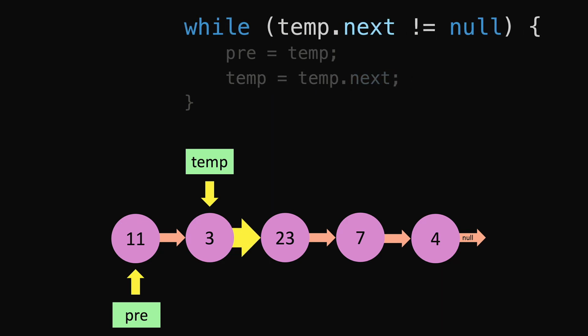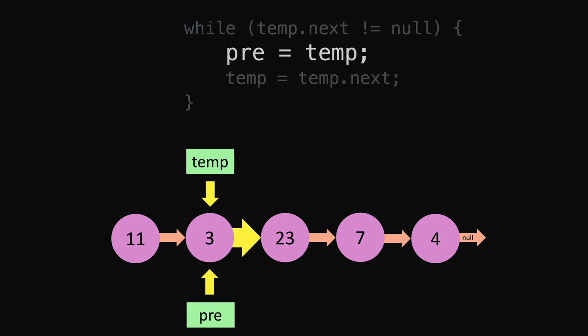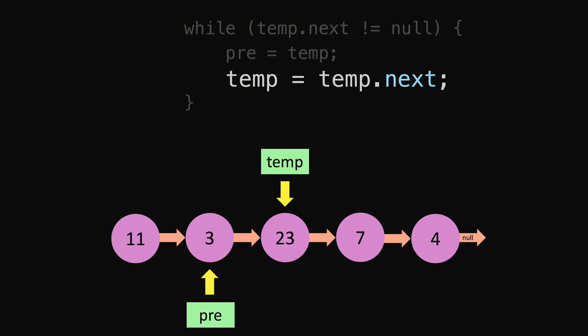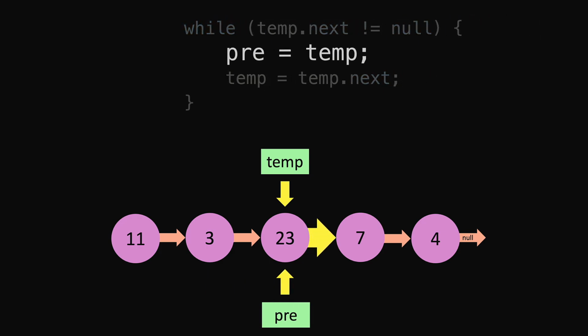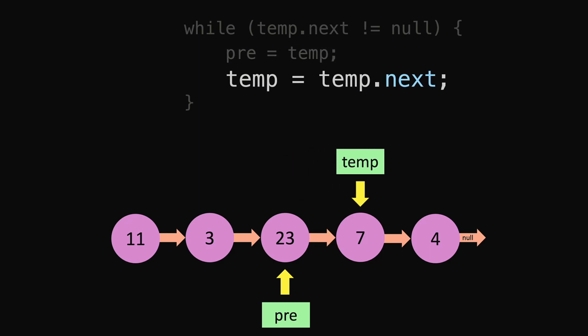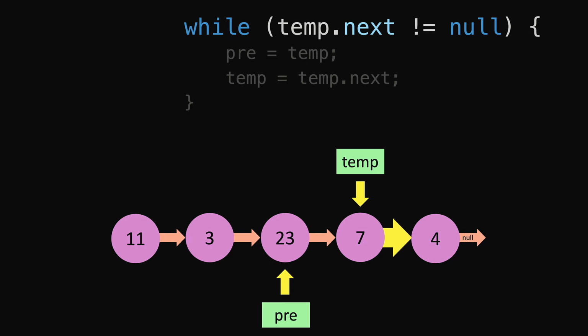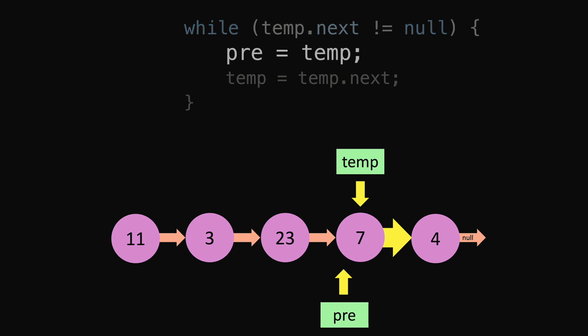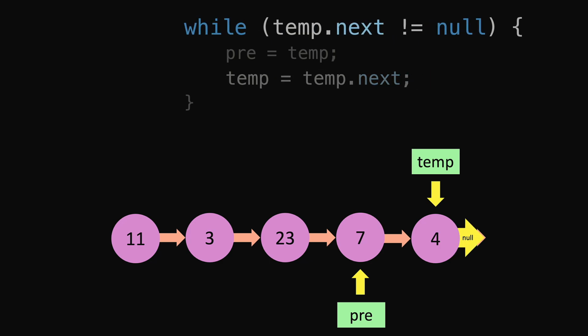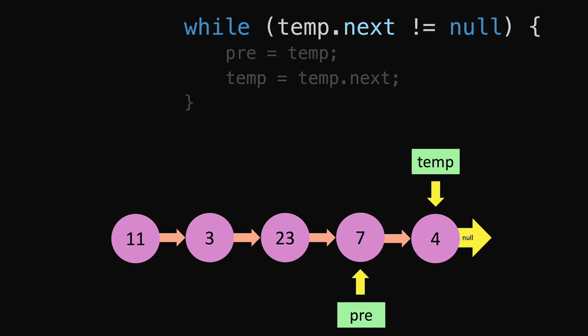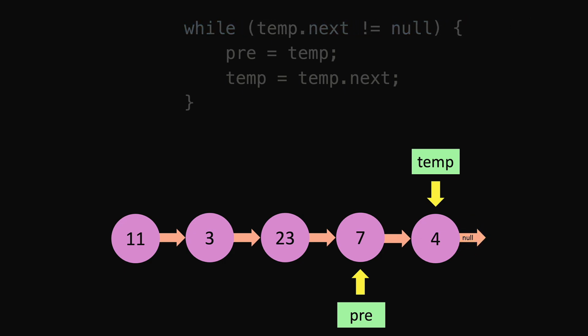So then we'll do this again, set pre equal to temp, temp equal to temp.next, and then we'll walk through this a couple more times. Pre equals temp, temp equals temp.next. And this will be the last time that we run this while loop. We move pre up, we move temp over, and this time temp.next is equal to null, and that breaks us out of this while loop.